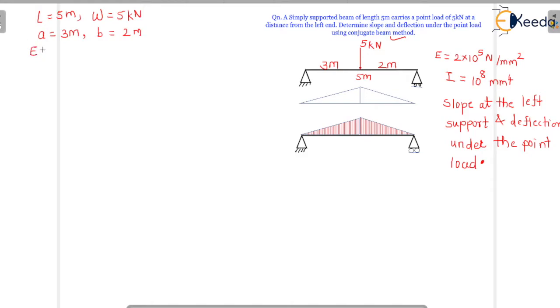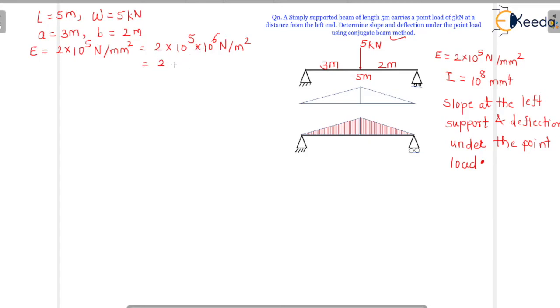E value is given as 2 into 10 power 5 Newton per mm square. Now other units are in meters, so we can convert it into Newton per meter square, and we can further convert it into kilonewton.